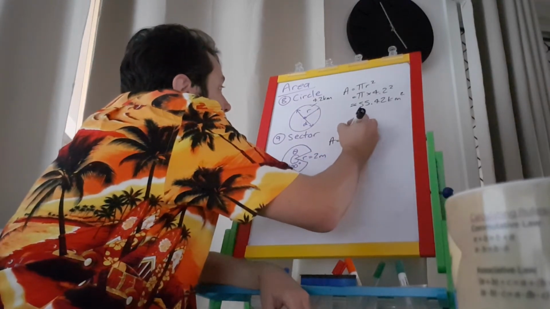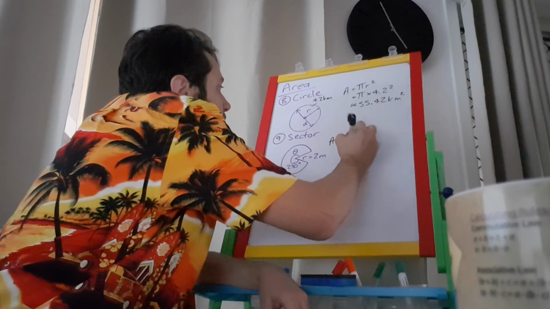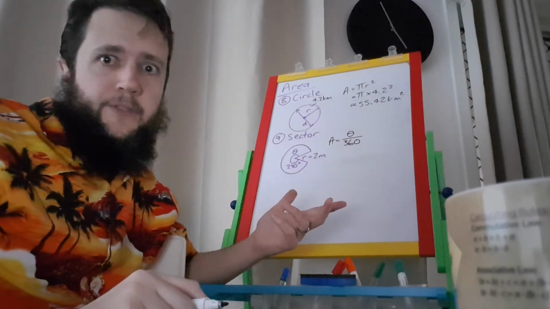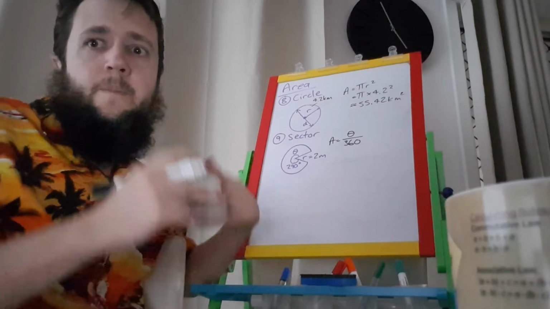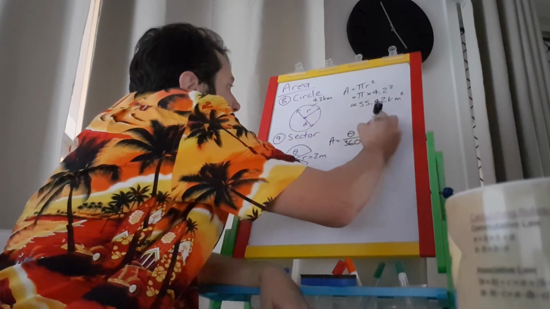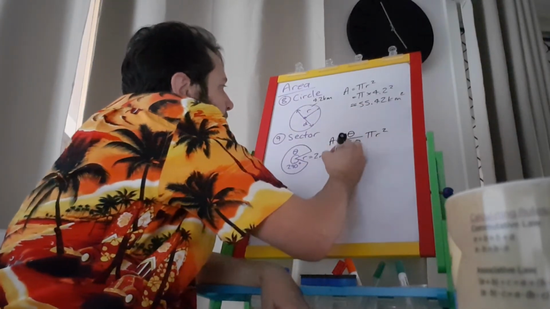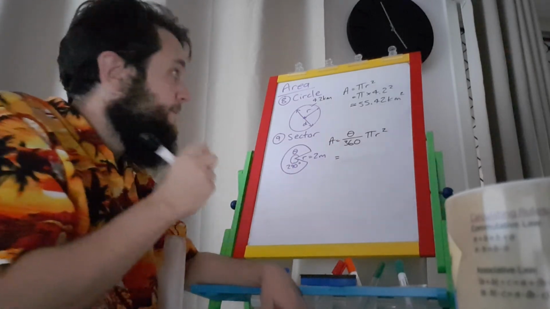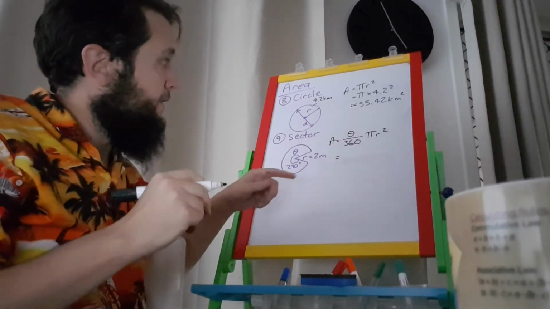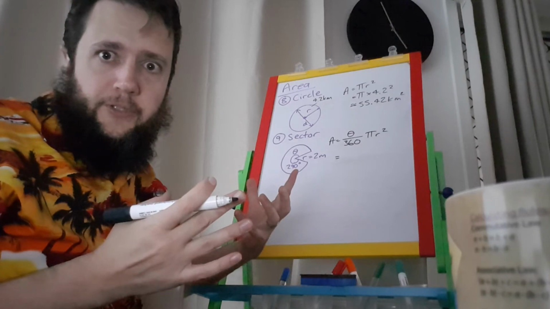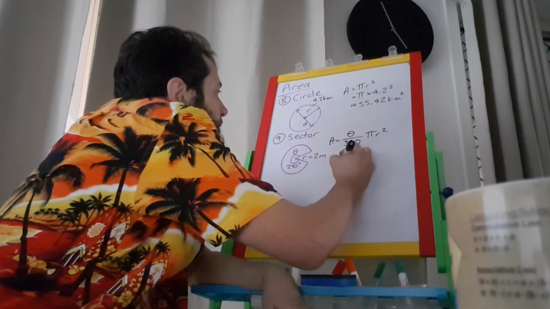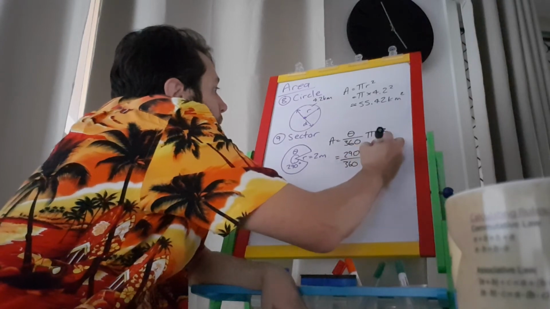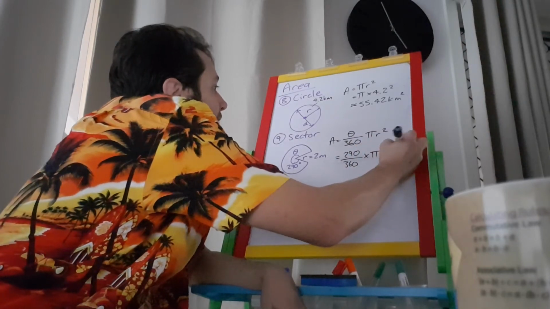So it's essentially the proportion of the circle, meaning theta over 360 degrees, that's how much of the circle is in this, multiplied by the normal area formula of pi r squared. So in this case, it's got a full 290 degrees. It's almost a full circle, isn't it? It's not far off. It's going to be 290 divided by 360 times pi times the radius squared.